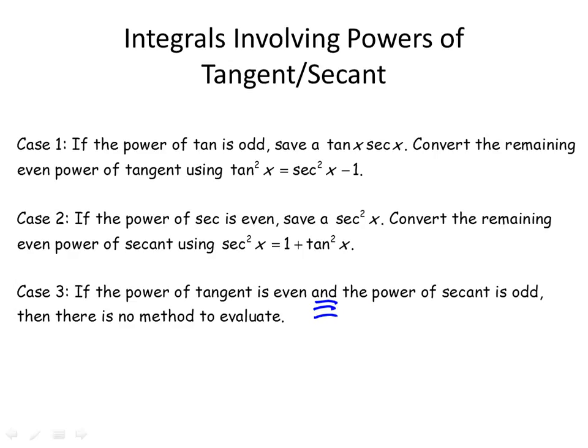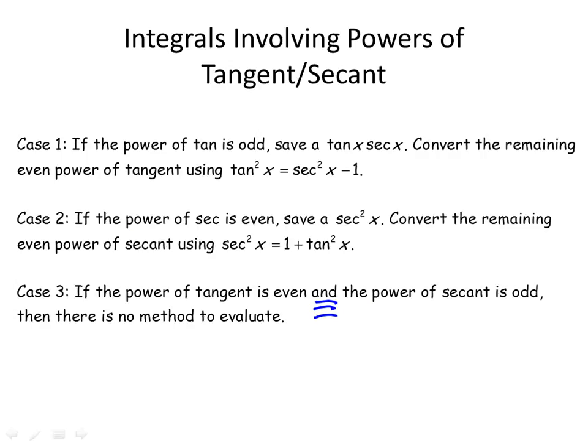You should be thinking that if I'm saving a tangent secant, there's a reason. Somewhere down the line, u is going to be secant. And if u is going to be secant, then the derivative of secant is tangent secant or secant tangent, either way. Convert the remaining even power of tangent into hopefully a tangent square. You need to get it into a tangent square, just like we've been doing all night long.